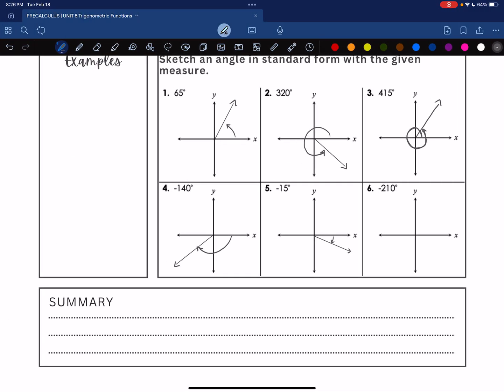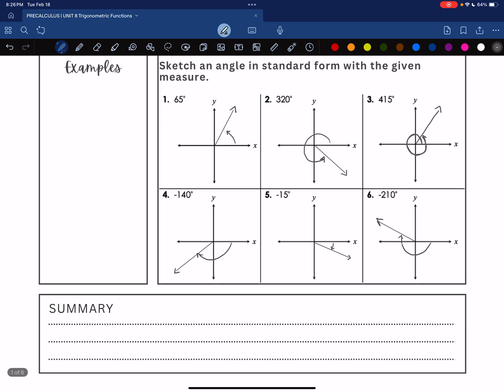So I'll go half a rotation and then about 30 degrees more. So maybe that puts our sketch right about here. Something like that. It might be a little bit too high. Yeah, I like that better.